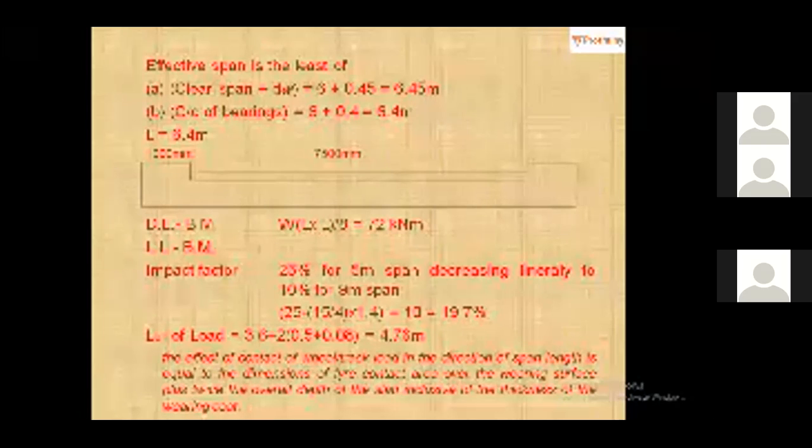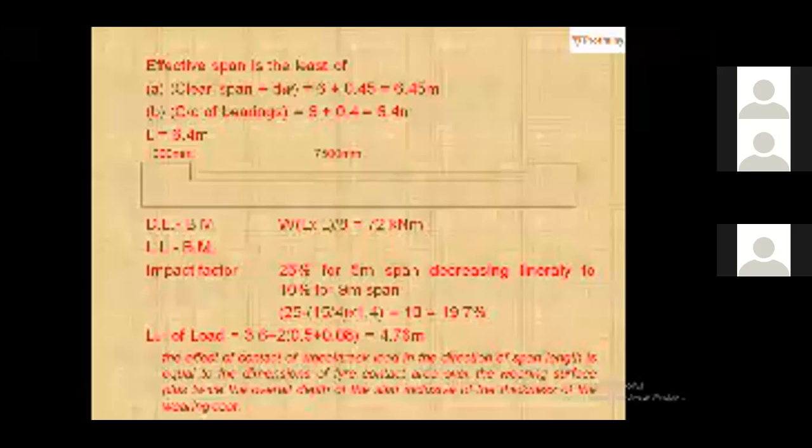A, clear span plus D effective, gives us 6.45 meters, and B, center to center of bearings, gives us 6.4 meters. The least of A and B is 6.4. So 6.4 meters is going to be the effective span.